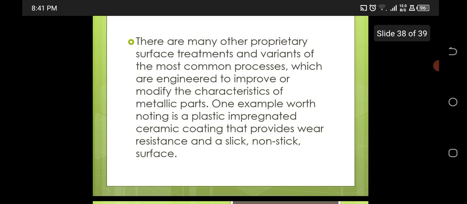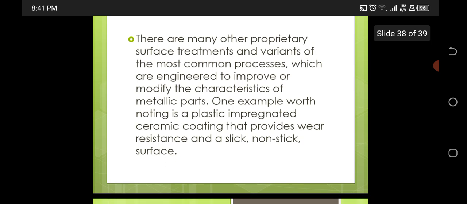And in both the processes, whether it is wire flame or arc spray, in both cases we use the thermal technique. What is the thermal technique? In the case of wire flame, an oxygen propane flame is used, and in the case of arc spray, we simply melt the material.